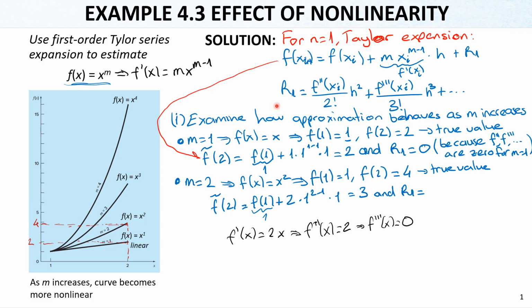So in the R1, after the third derivative, the terms are 0, but for the second derivative it is 2, and I will write 2 here. 2 divided by 2 is 1, h is 1 as well, R1 becomes 1. So basically here, 2 divided by 2 times 1 squared plus 0 equals 1. Then you can see, let me erase these.